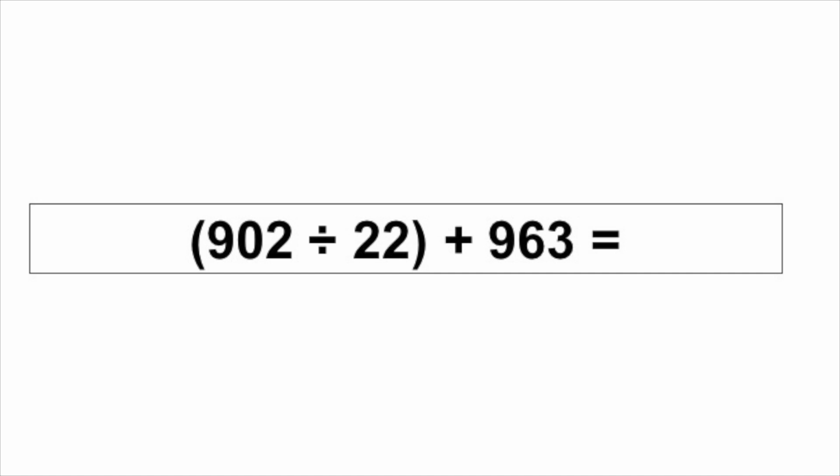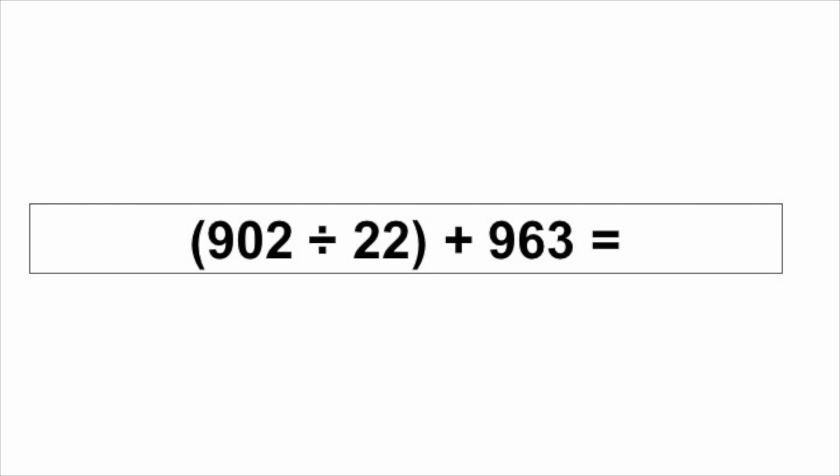4 times 22, 88. 90 minus 88 equals 2. And then, what do we need to do? Bring down a 2. So we have 22.